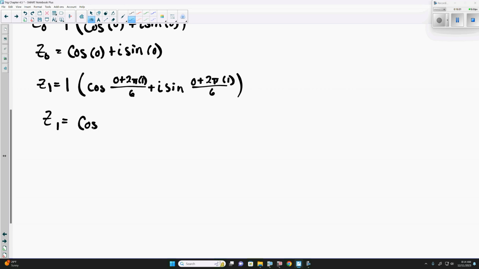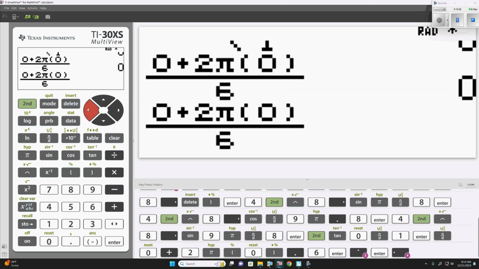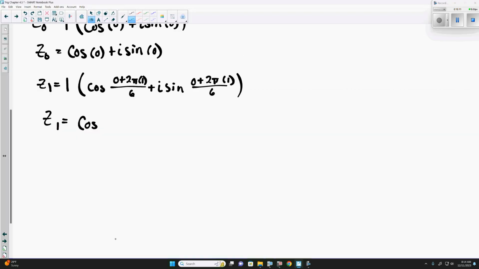Now we just need to calculate this here, replacing 0 with 1, which gives pi over 3. So it tells us we have cosine of pi over 3 plus I sine of pi over 3. And again, we'll calculate all these values at the very end.